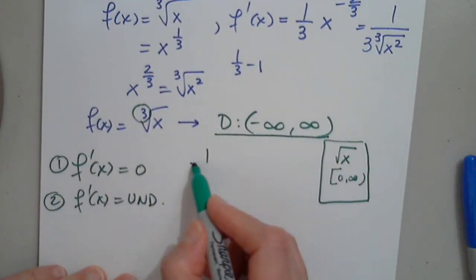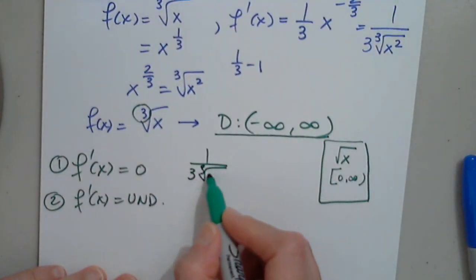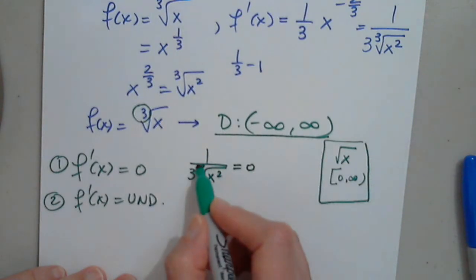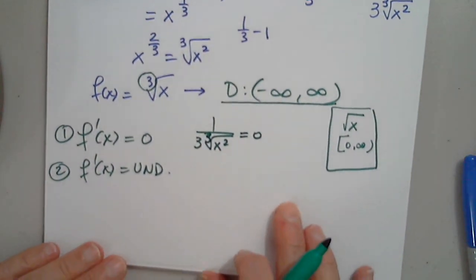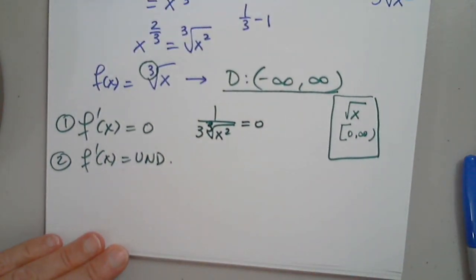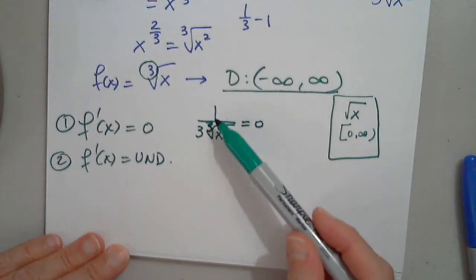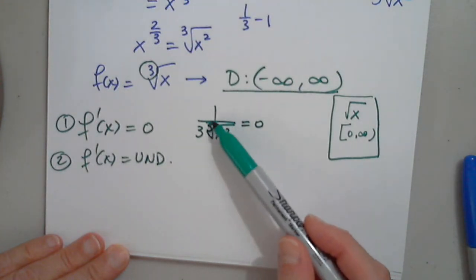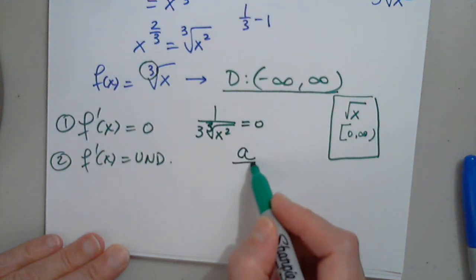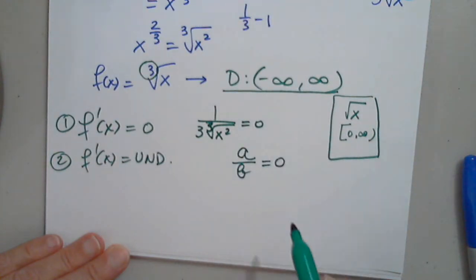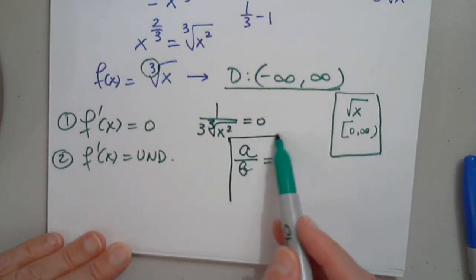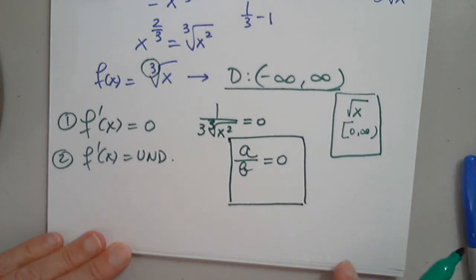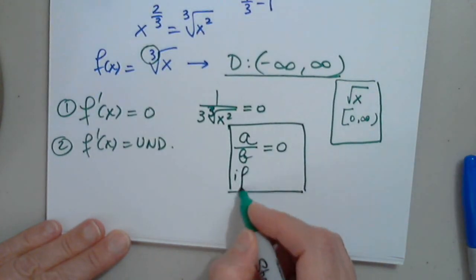So can 1 over 3, the cube root of x squared, be 0? In other words, I'm asking, when is a fraction 0? If I have a divided by b and I say this is 0, in which situation will this happen? Only if a is equal to 0.